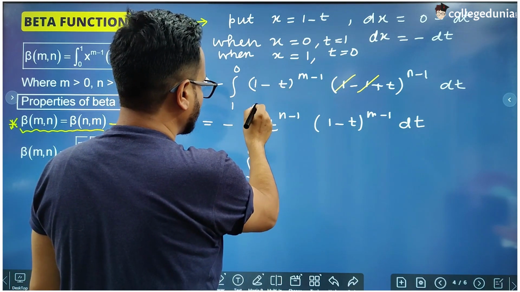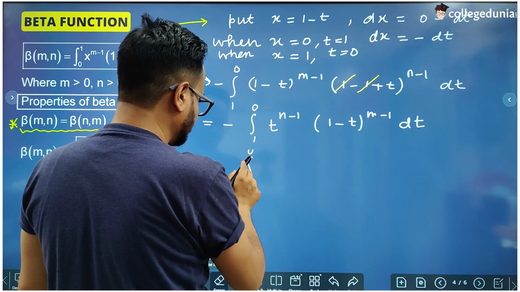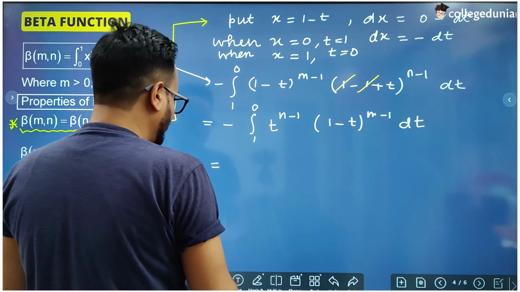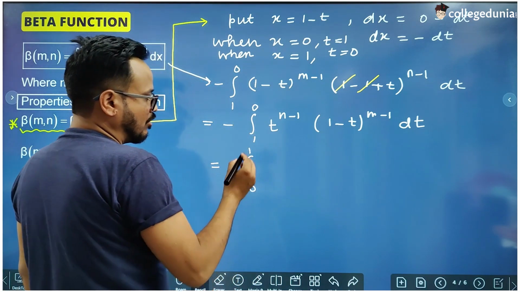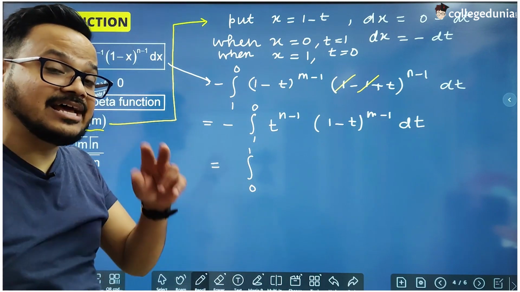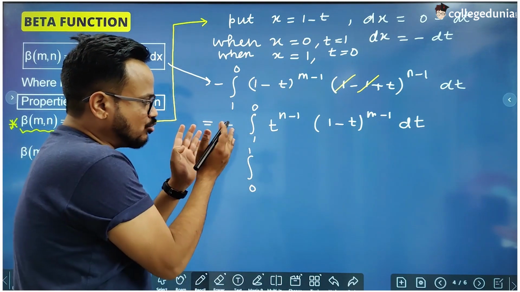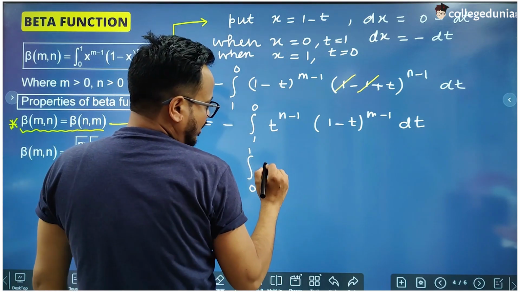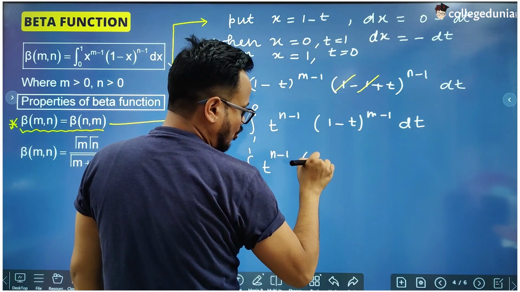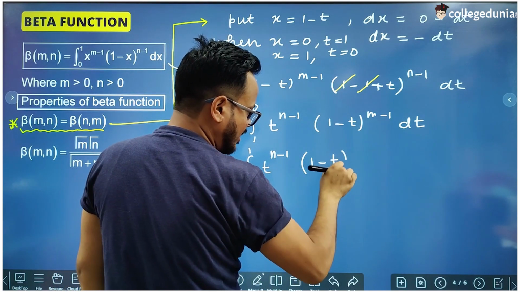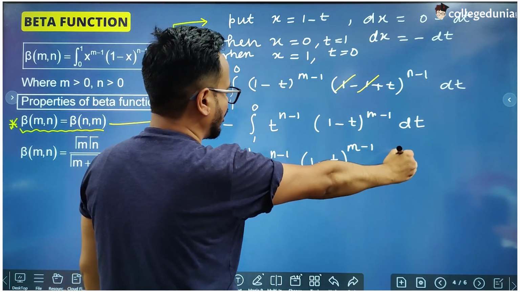Now if we interchange the limits from 1 to 0, it becomes 0 to 1, and then we have to multiply it by minus 1. Since a minus is already there, it becomes plus. So it is t to the power n minus 1 into 1 minus t to the power m minus 1.